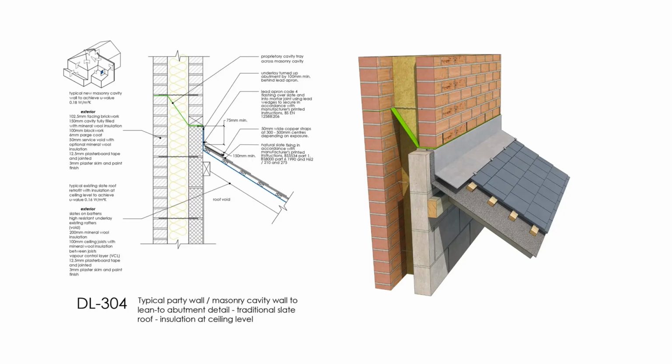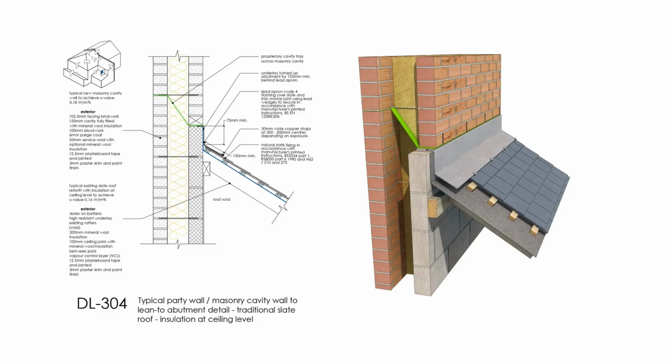So finally, let's move on to a slate roof abutment detail. A slate roof abutment is the point where the roof meets a vertical surface such as a wall or a chimney. These are really vulnerable to water ingress and they require careful detailing to maintain that weather resistance.